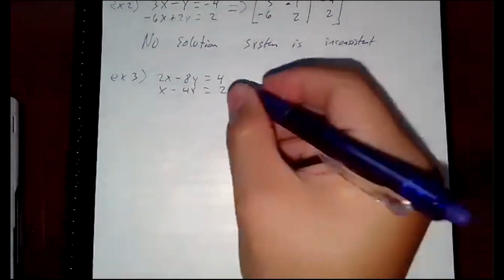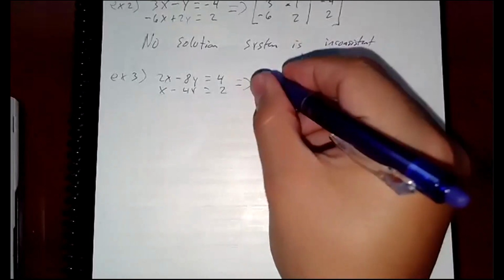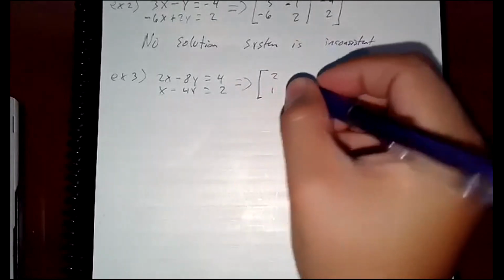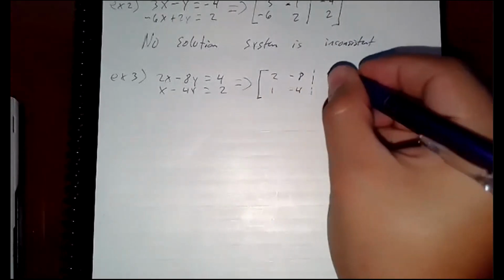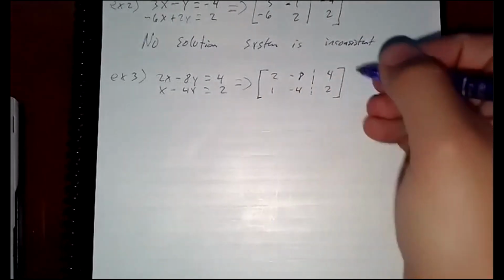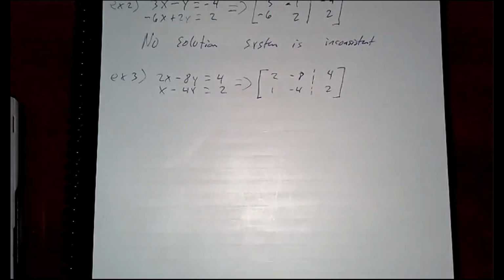Let's go ahead and change it into matrix form first before we do anything. That'll be 2, 1, negative 8, negative 4, 4, 2.